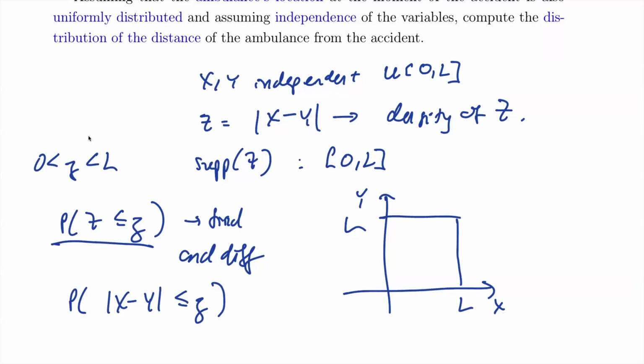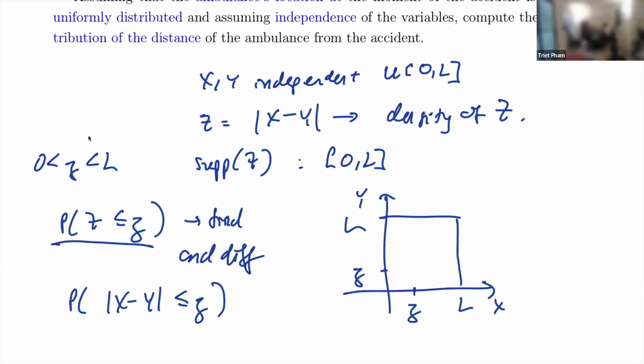That would be the strip between two lines, like X minus Y. Good. So this is z and this is z.